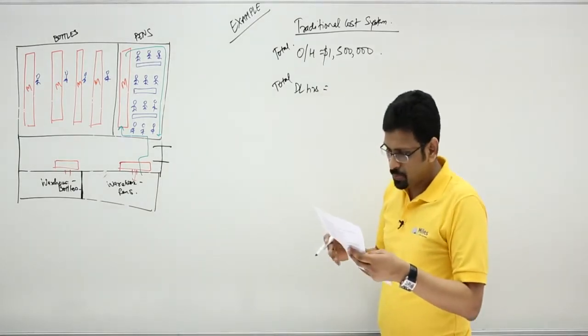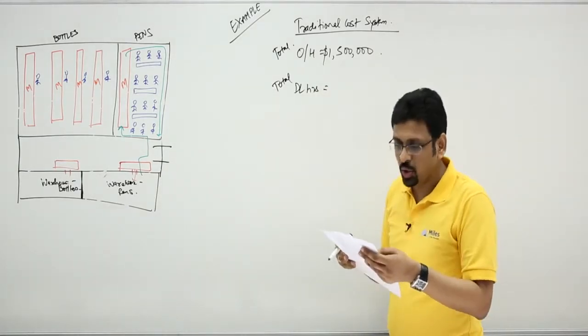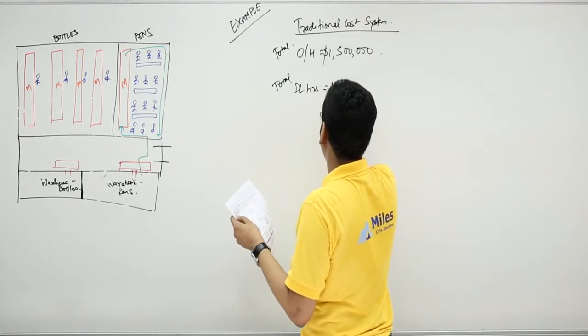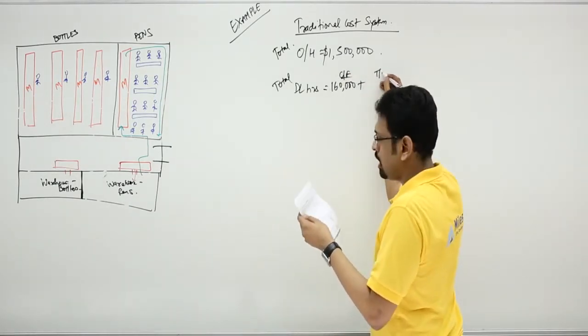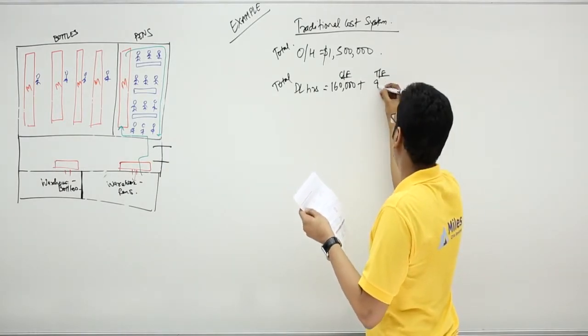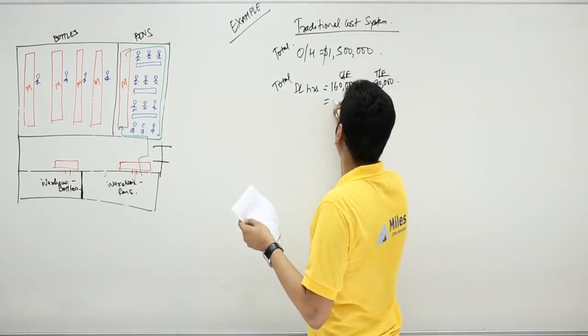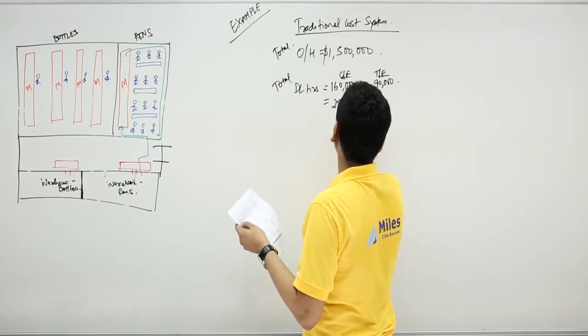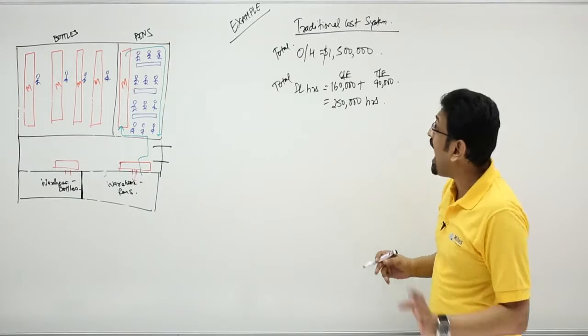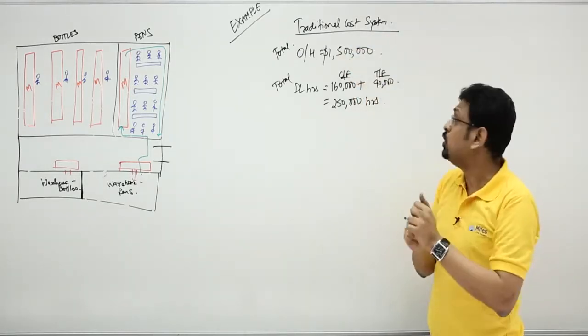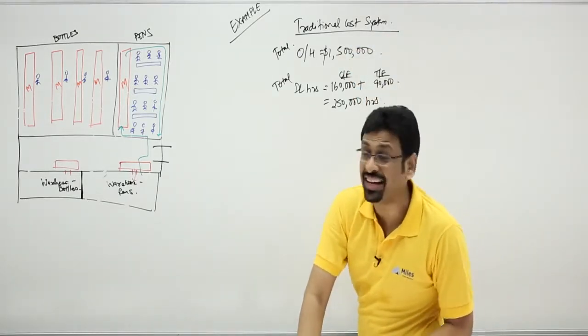We can see that the ceiling fan unit used 160,000 direct labor hours, and the table fan unit used 90,000 direct labor hours. So in total, 250,000 direct labor hours were used. Now we're going to allocate all the overhead cost using the single cost driver, direct labor hours.